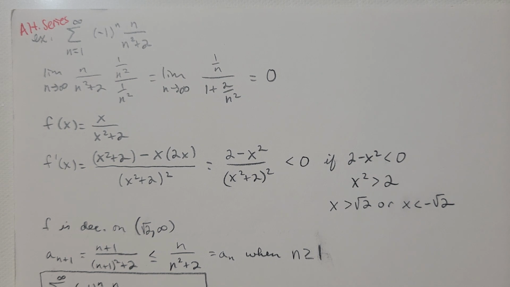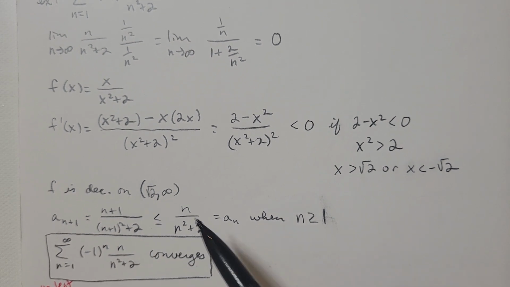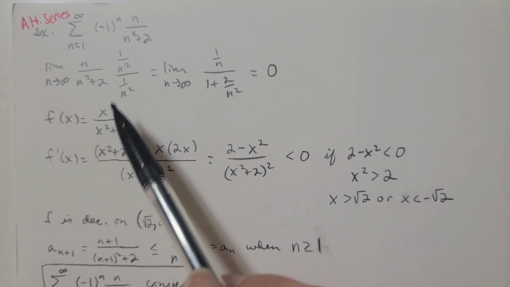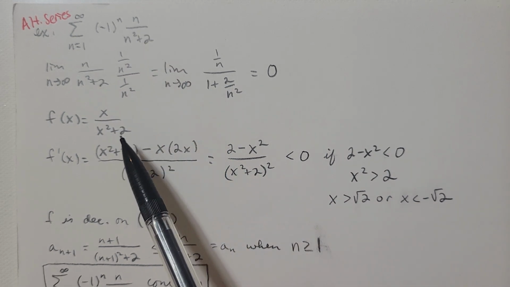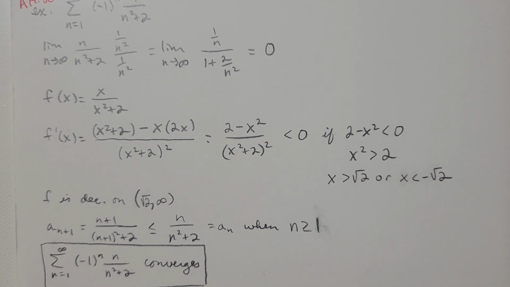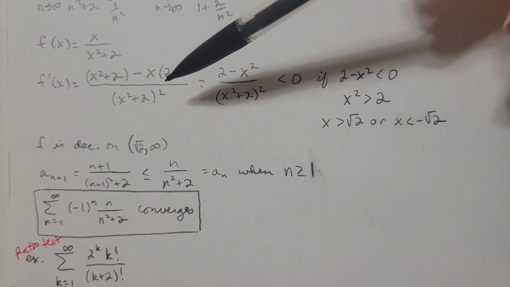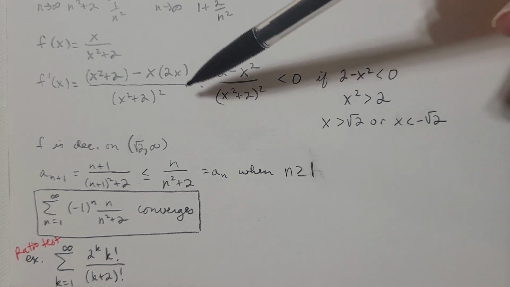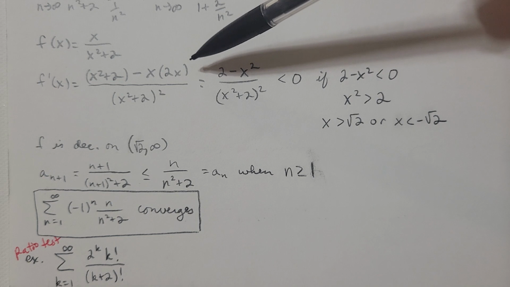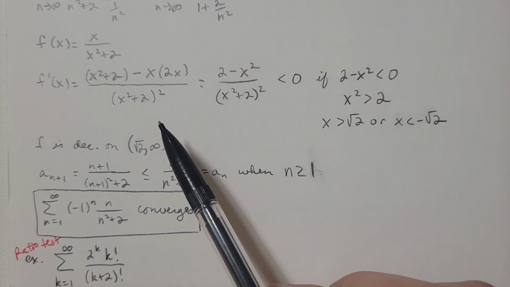Okay, and we'll just go back to Calc 1 for the moment, and we use the first derivative test. So if I let the function f of x be x divided by x squared plus 2, then f prime of x, using the quotient rule, that'd be the bottom, x squared plus 2, times the derivative of the top, that's 1, minus the top, that's x, times the derivative of the bottom, that's 2x, divided by the denominator squared.